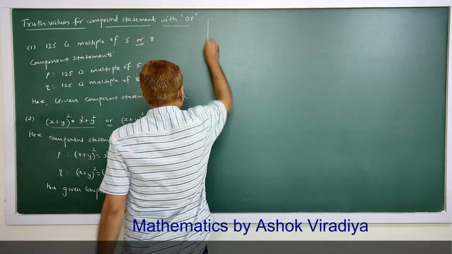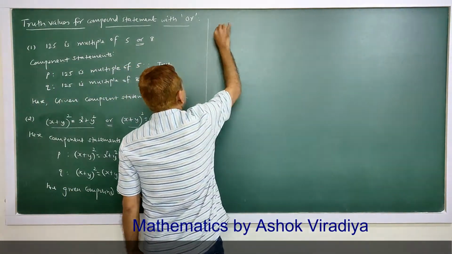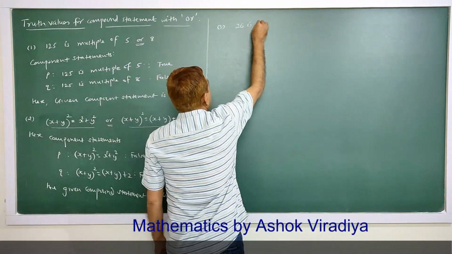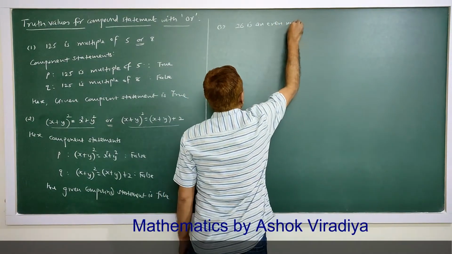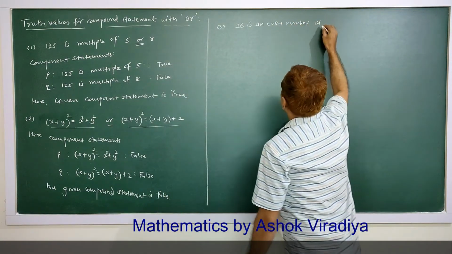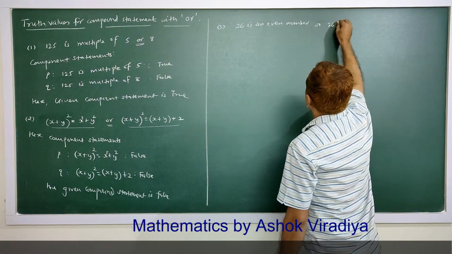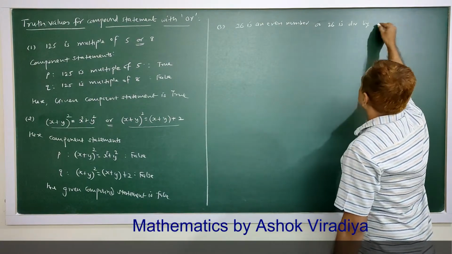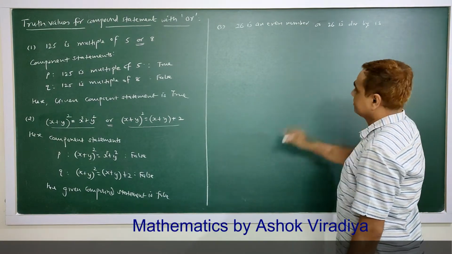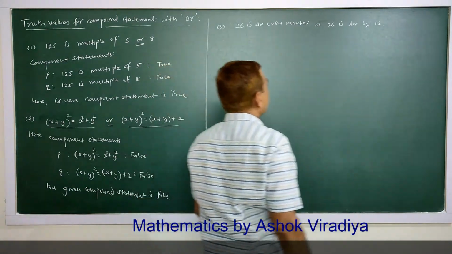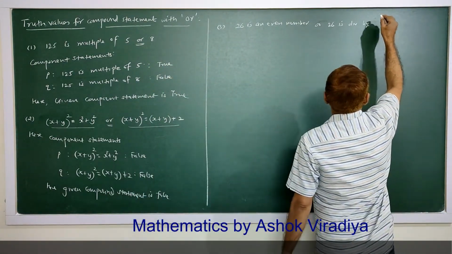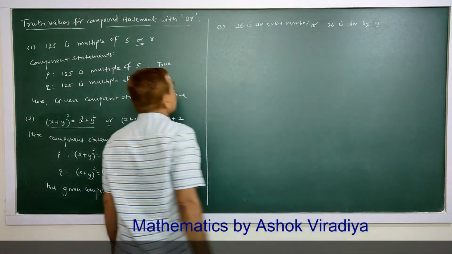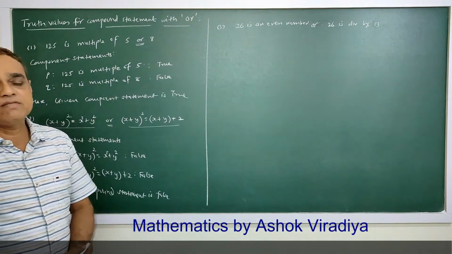Suppose take one more example. Third, 26 is an even number or 26 is divisible by 30.